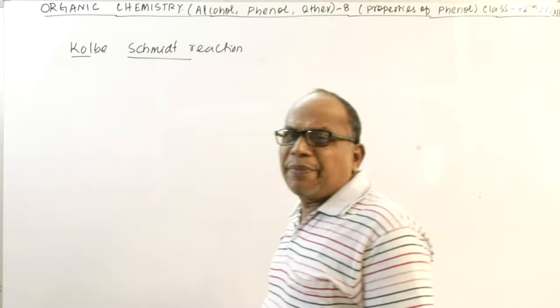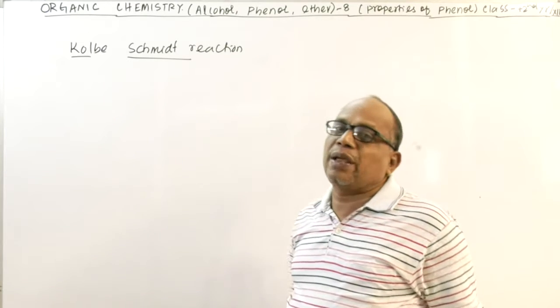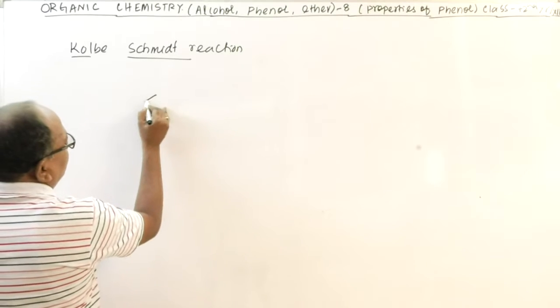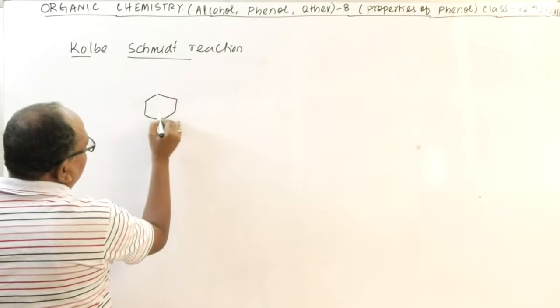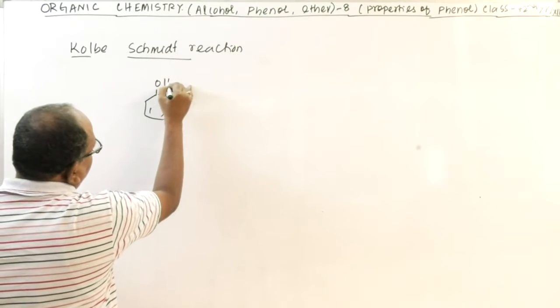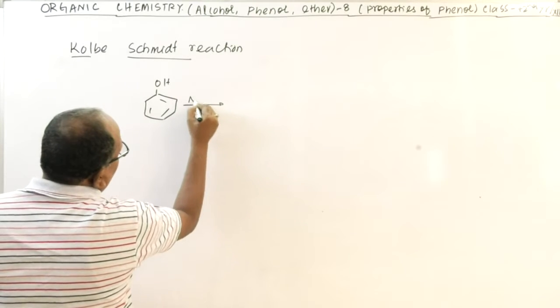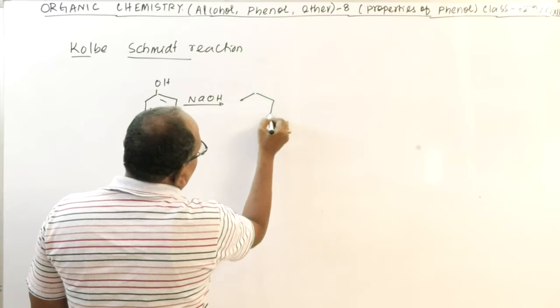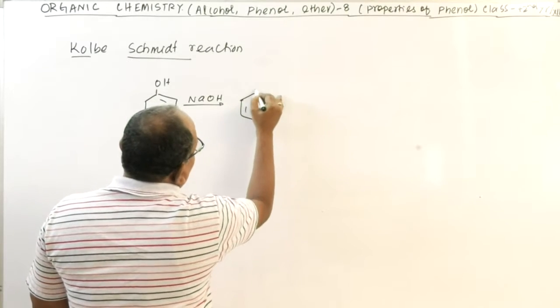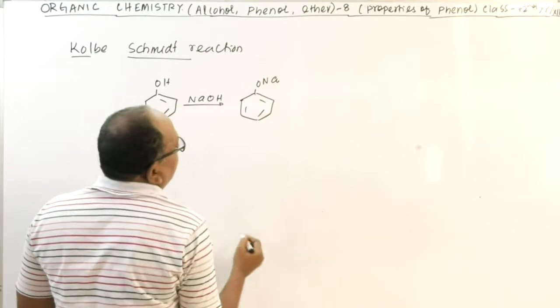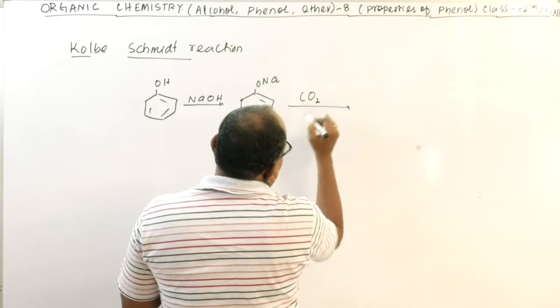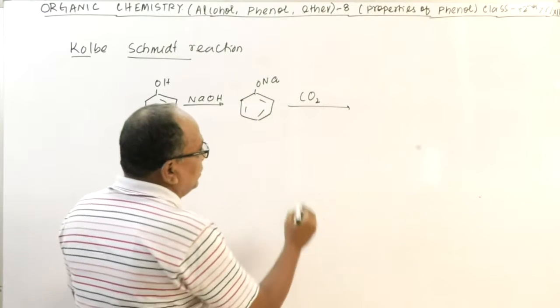The Kolbe-Schmitt reaction is almost the same as the Reimer-Tiemann reaction. So in this case, the phenol is first treated with sodium hydroxide, it forms sodium phenoxide, and the sodium phenoxide is treated with carbon dioxide gas under pressure.